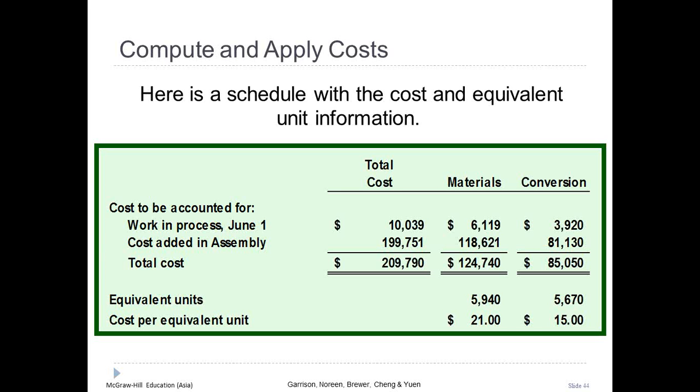So the cost per equivalent unit is $21 for material, with total costs of $85,000 and total equivalent units of 5,670. We have an average cost per equivalent unit of $15 for conversion. So the total cost of materials and conversion is $36 per equivalent unit.